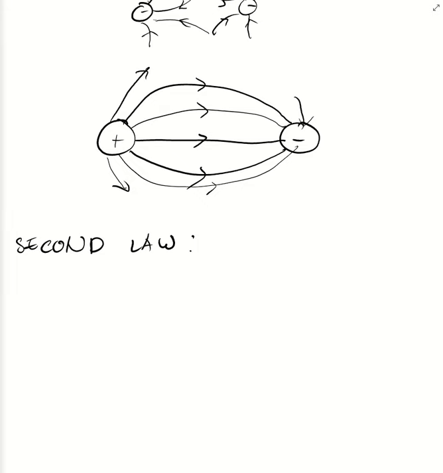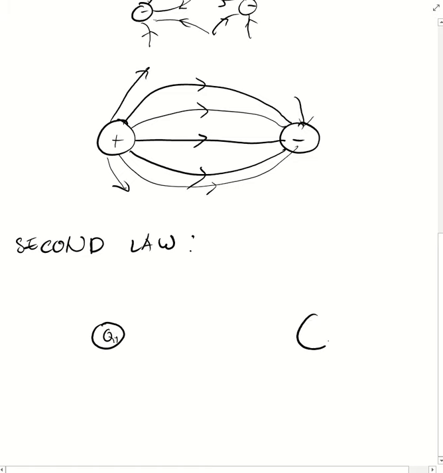By the way, the second law, Coulomb's Law, was formulated by a colonel, a French army engineer named Colonel Charles Coulomb. And he said, through experiment, when two charges are placed a certain distance from each other, so we have a charge Q1 here and another charge Q2.